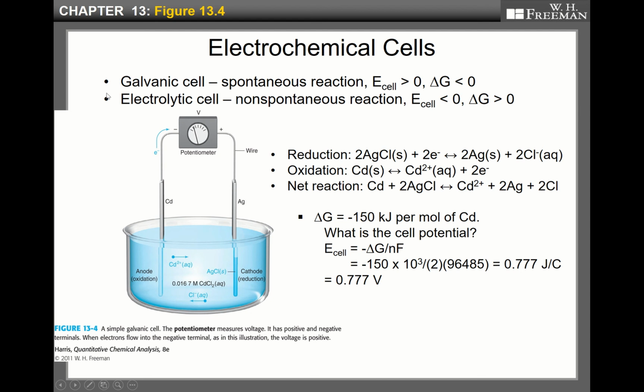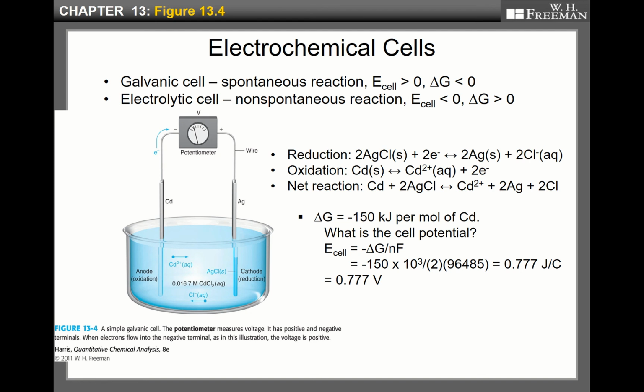And by the way, in an electrolytic cell, a non-spontaneous reaction takes place. The reactions are not spontaneous. In other words, the cell potential is less than zero. As a result, delta G is greater than zero. That's the electrolytic cell. What are examples of the electrolytic cell?